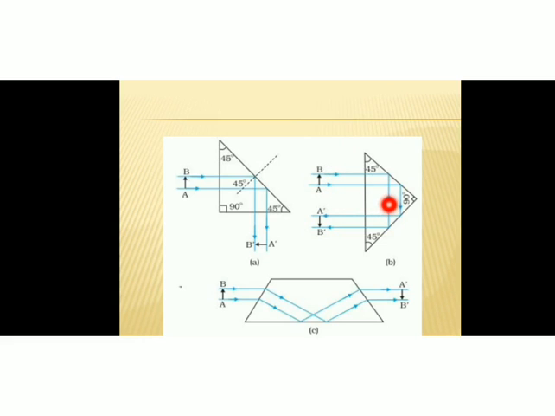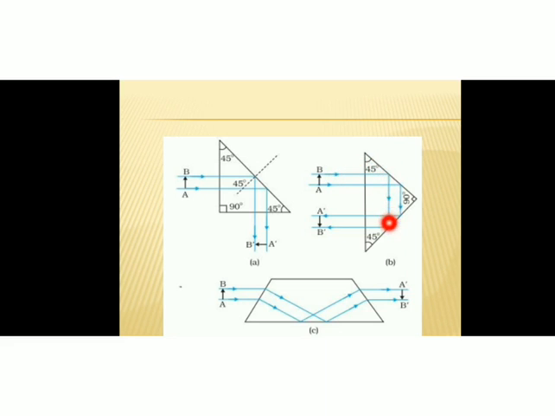See what happens. AB is the object and rays from the object are incident on the prism. And here the rays from A are incident on this face of the prism at an angle greater than the critical angle, so that the ray is totally reflected back. And here also the ray from B is made to be incident on the prism at an angle greater than the critical angle, so that the ray from B is also reflected back.